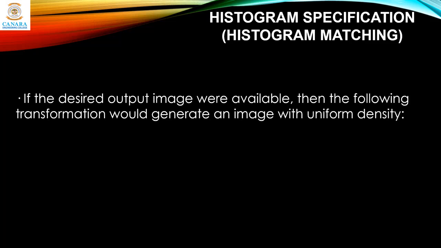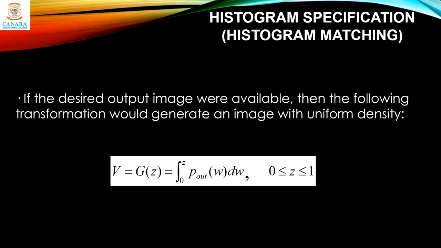If the desired output image were available, then the following transformation would generate an image with uniform density. This is basically equalization of the output or specified histogram. So this output histogram is specified, and we are basically trying to equalize it.